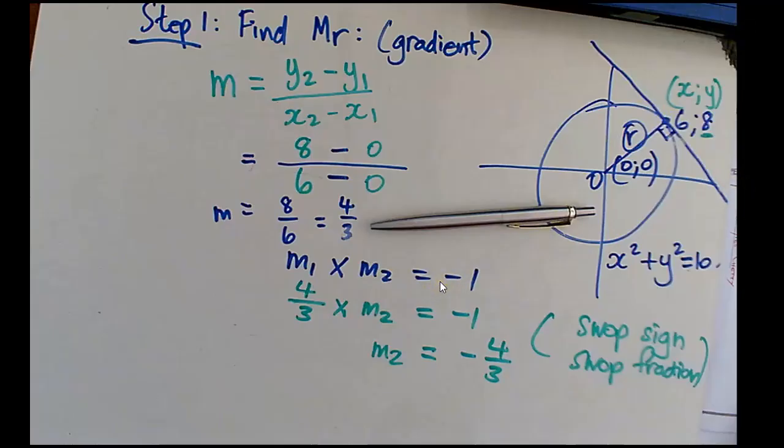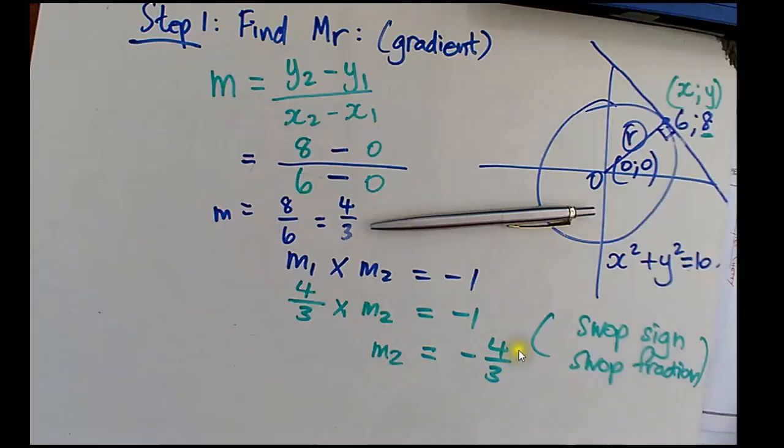So remember, when lines are perpendicular, m1 times m2 equals minus 1. This is a grade 9 concept, grade 10 functions, linear function. So now, doing some maths, you will find that m2 is equal to minus 4 over 3.